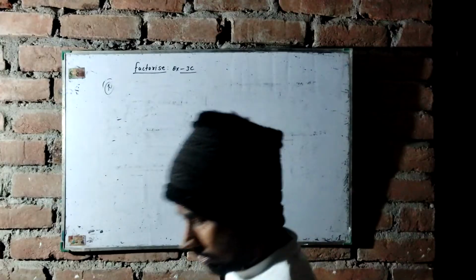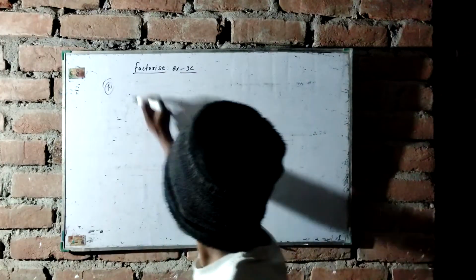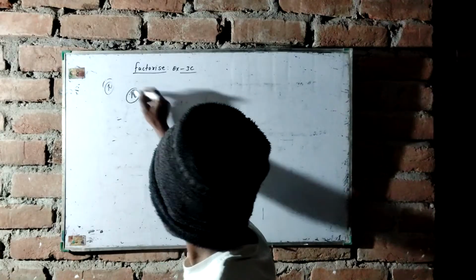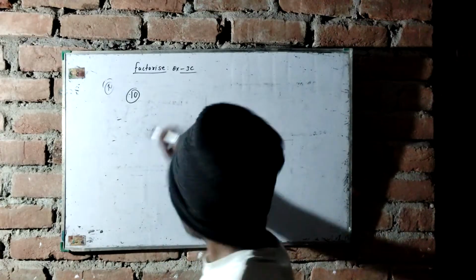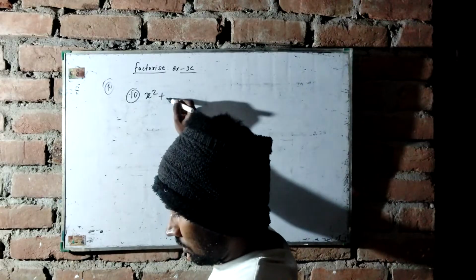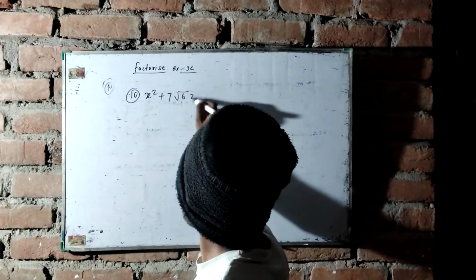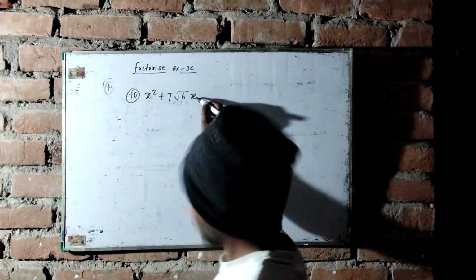Now have a look. Question number 10. x squared plus 7 under root 6 x plus 60.